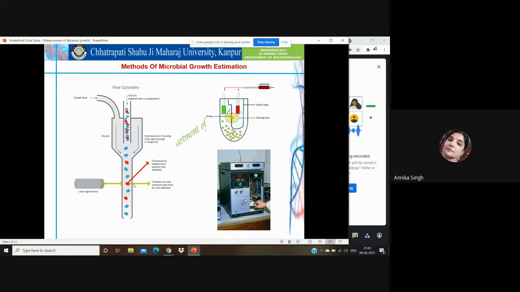Here there is a detector which detects the fluorescence emitted from the cells. Actually, in case of flow cytometry, the cells are labeled with some fluorescent dye.